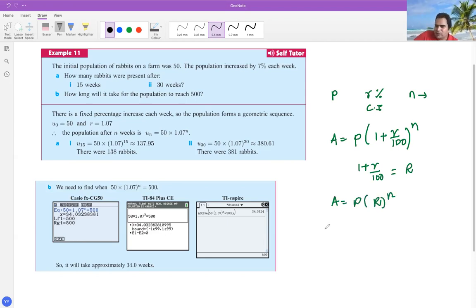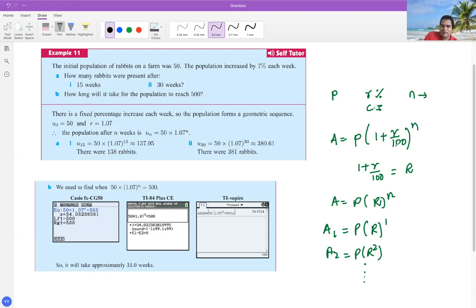After the first year, A1 is P times R to the power 1. After the second, A2 is P times R squared, and so on. So this formula itself is a geometric sequence.